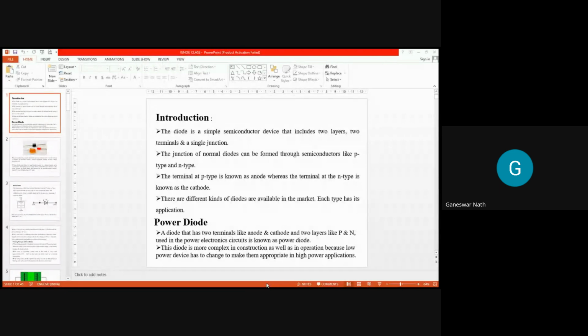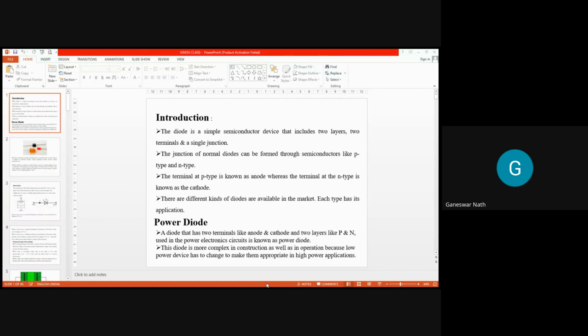This is the basic characteristic of a PN junction diode. Normal diodes can be formed through semiconductors like p-type and n-type. The p-type is a positive crystal and n-type is a negative crystal, and they may be made up of germanium and silicon. The p-type terminal is known as the anode, and the n-type is known as the cathode.